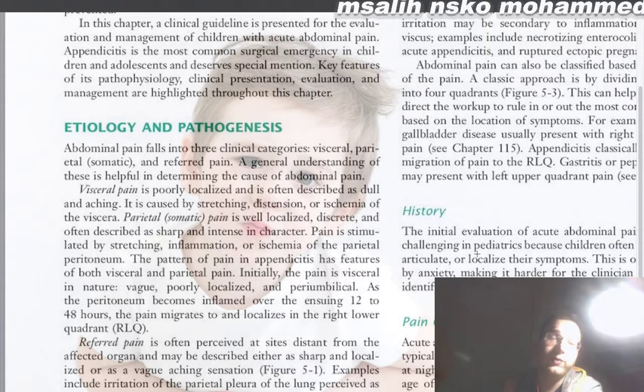It's caused by stretching, distension, or ischemia of the viscera. Parietal pain is well localized, discrete, and often described as sharp and intense in character. Pain is stimulated by the stretching, inflammation, or ischemia of the parietal peritoneum.